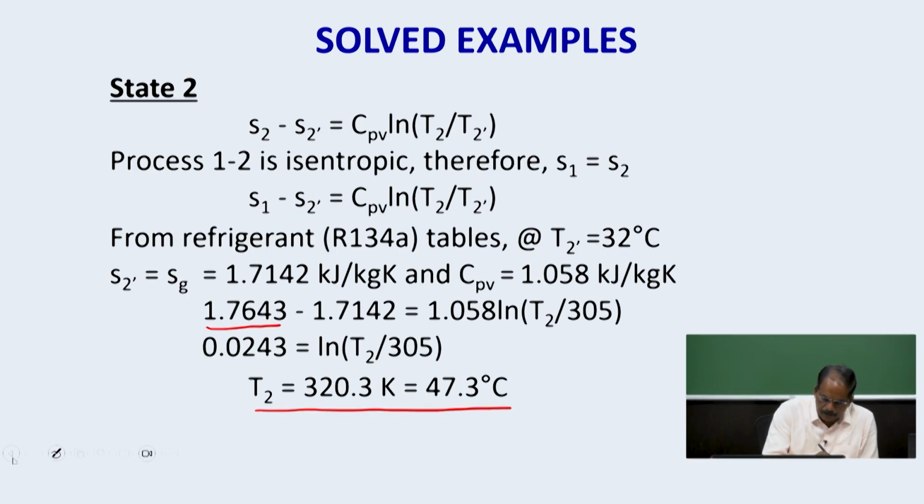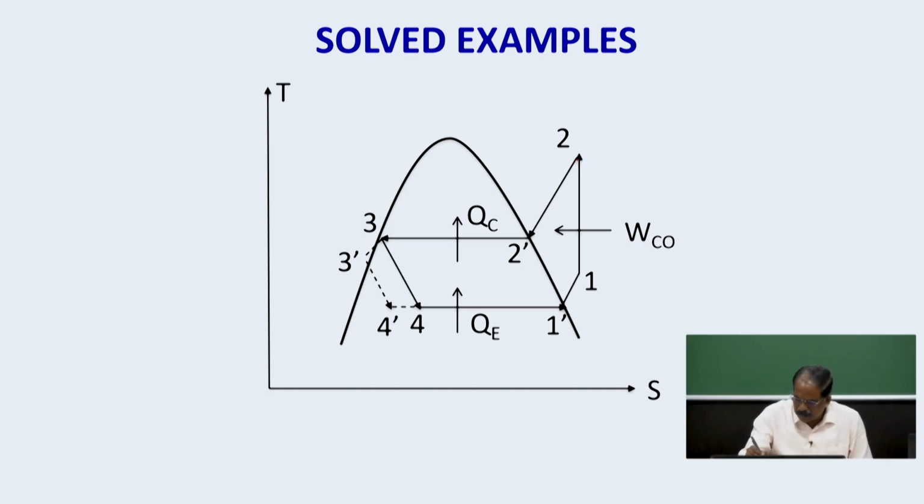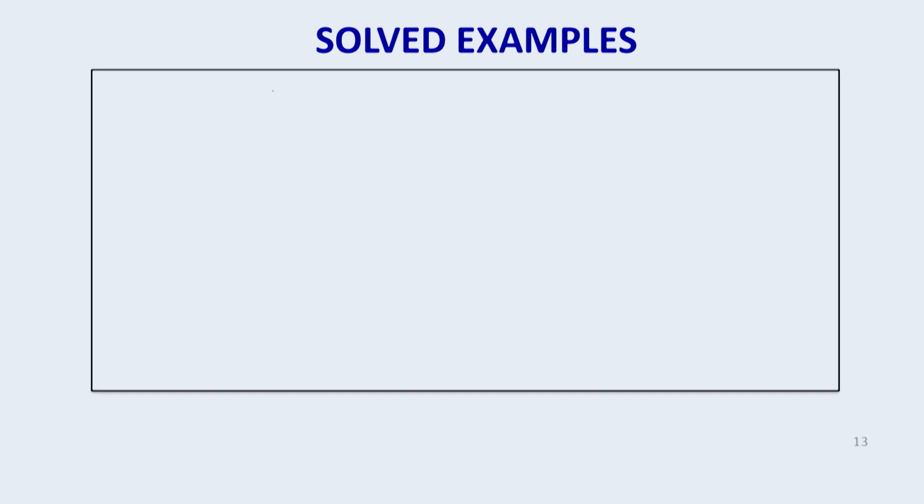If you look at this diagram, superheated enthalpy is equal to saturated enthalpy H2 dash, which we can take from the table, plus Cp of vapor into delta T. To find H2, H2 is equal to H2 dash plus Cp of vapor into delta T. Delta T is T2 minus T2 dash.